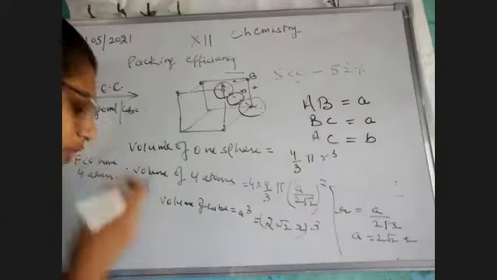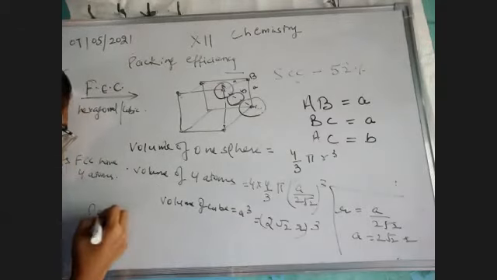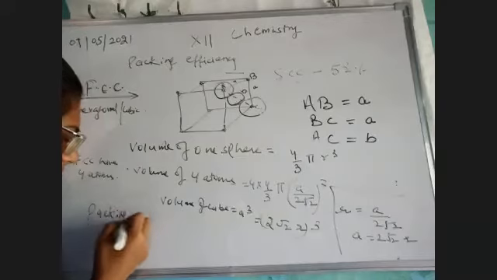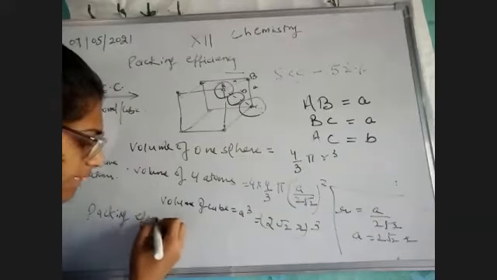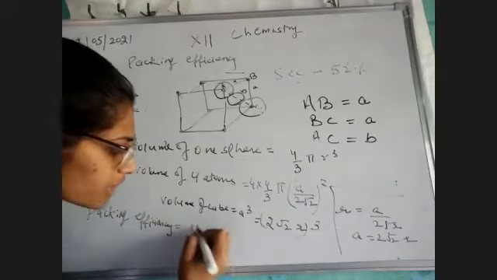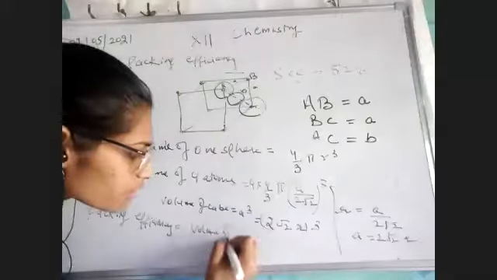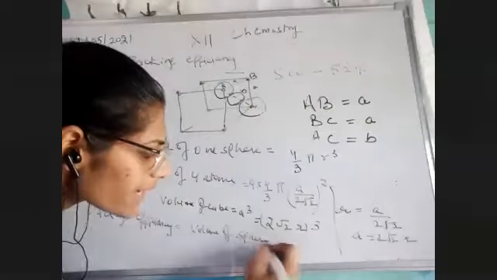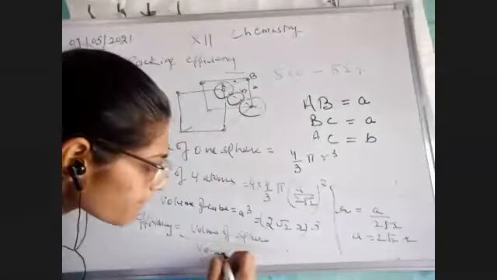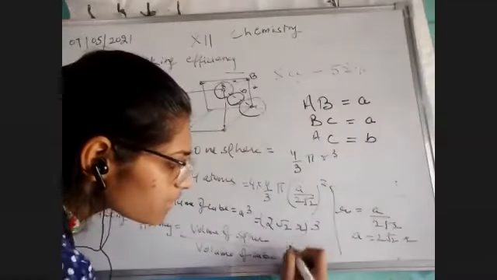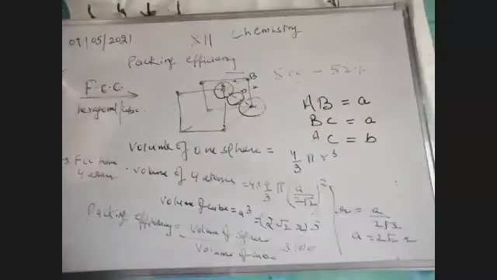Now, what is the formula of packing efficiency? We have just done it in our simple cubic unit cell. That would be the volume of the sphere divided by the volume of the cube, multiplied by 100. And after putting in the whole equation and solving, what would we get?